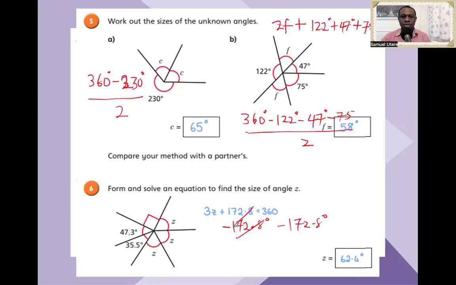That now leaves us with a quantity, whatever quantity we get. So we'll have 3z equal to 360 degrees minus 172.5 degrees, and then whatever we have left, we divide by 3. So we're going to have to divide both sides by 3. Let's rub that off.